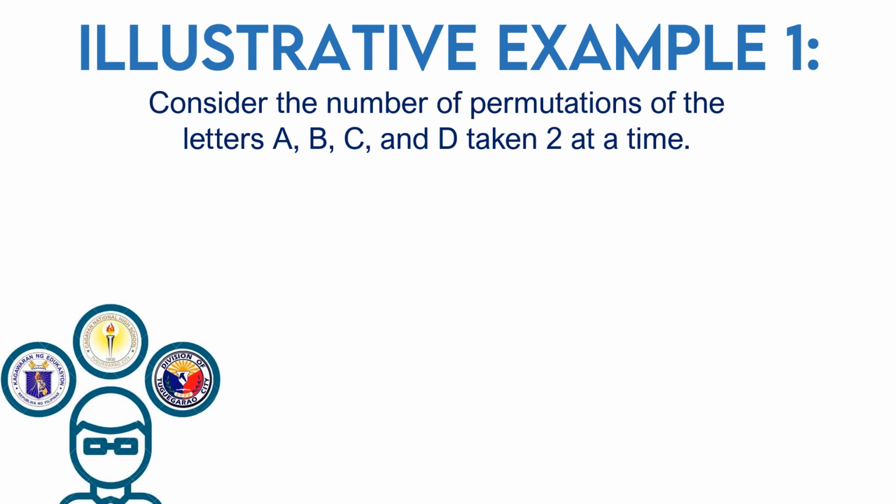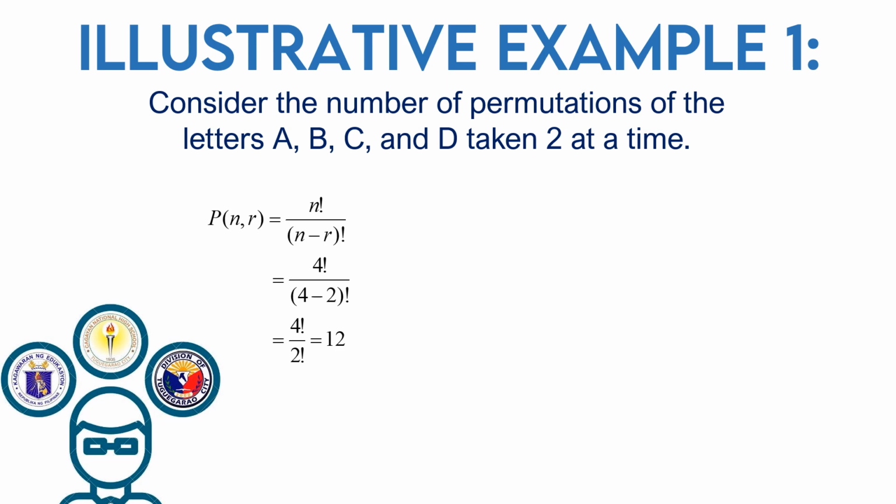Let's try an example. Consider the number of permutations of the letters A, B, C, and D taken two at a time. The permutation of n objects taken r at a time is given by the formula n factorial over n minus r factorial, which is equal to 4 factorial, since there are 4 letters to choose from, over 4 minus 2 factorial.